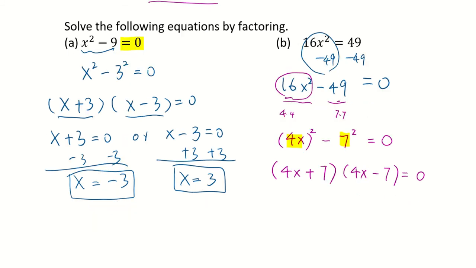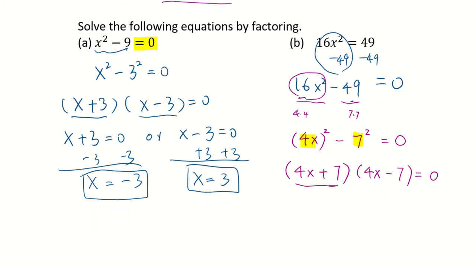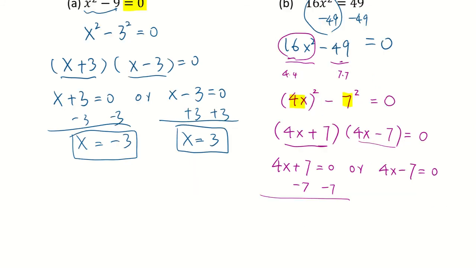Now one number times the other number is equal to 0. We can come up with two equations. Either the first factor, 4x plus 7, is equal to 0, or the second factor, 4x minus 7, is equal to 0. Solve for each equation. The first equation, you have 4x equals negative 7.